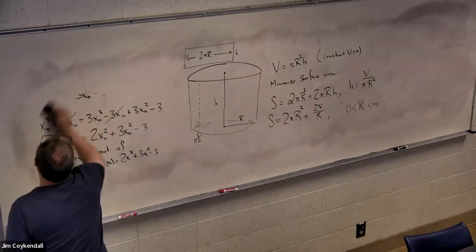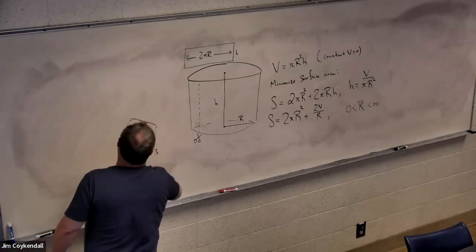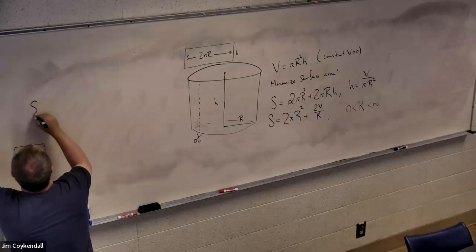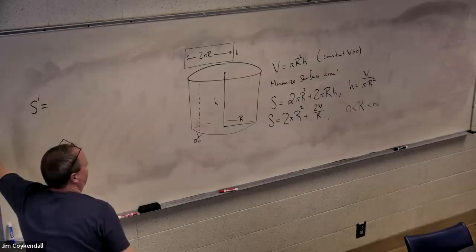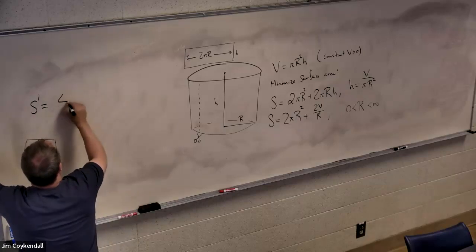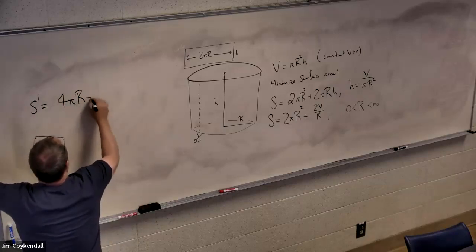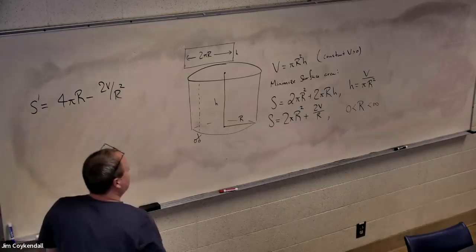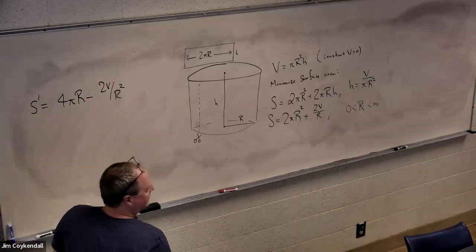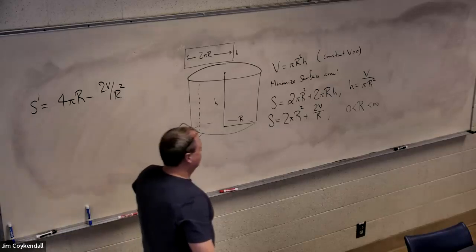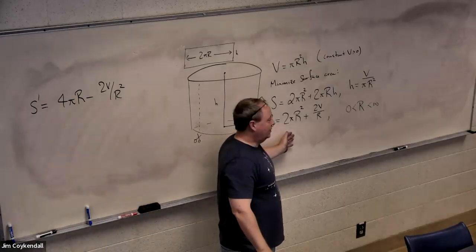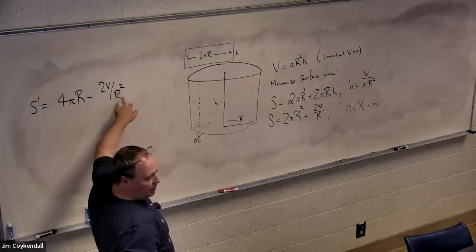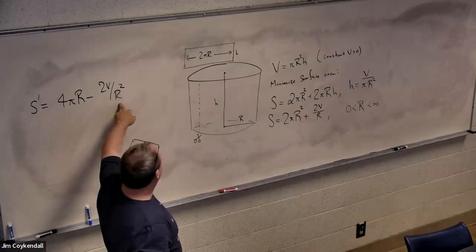So let's take a derivative of this. Got everything set up. See, 4 pi r minus 2b over r squared, and that's the derivative. Now, obviously, there's a place where r is a problem, and that's r equals 0.